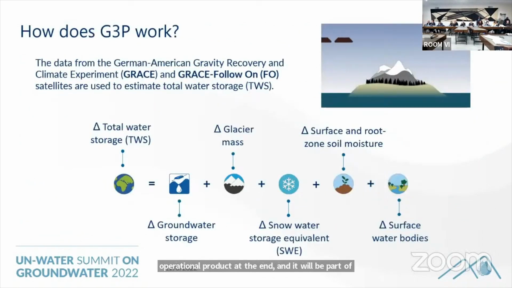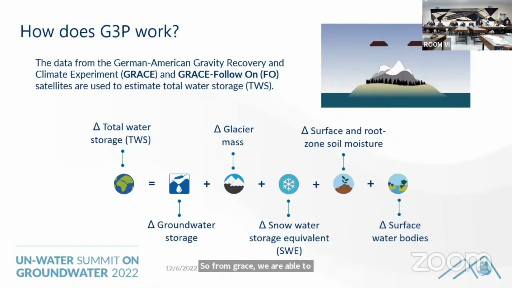So how does it work? Because many people wonder, well, how can you monitor groundwater from space? How can you see it? And we don't really see it with the satellites, but we derive it from them. So from GRACE, we are able to derive change in total water storage.